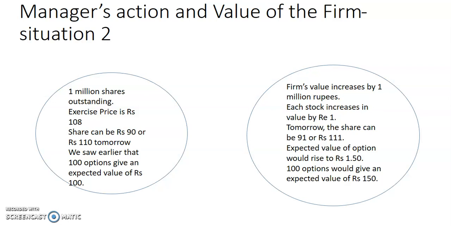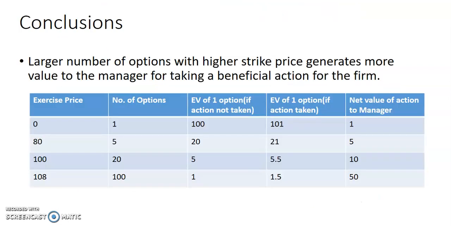And if he is holding 100 options with a strike price of 108, the manager receives a total value of rupees 50 for contributing to the firm's increased profits of 1 million rupees, 5 times the value received when the strike price was put at rupees 100. We see that the expected cost to the firm of granting 100 options with a strike is identical to the expected cost of granting 20 options with a strike price of 100.